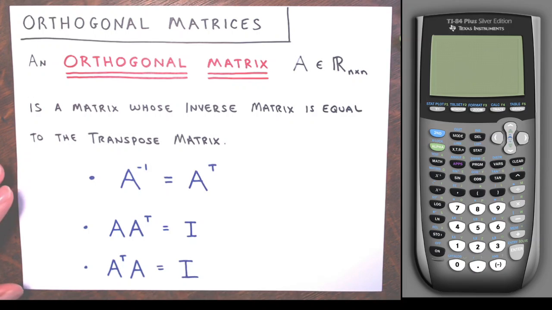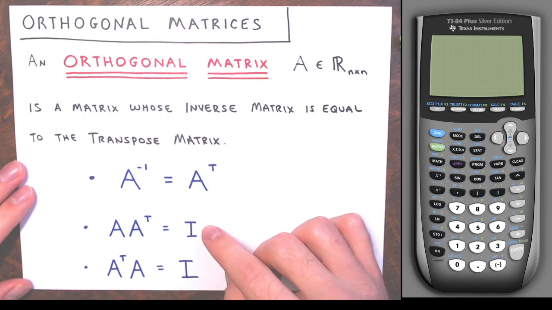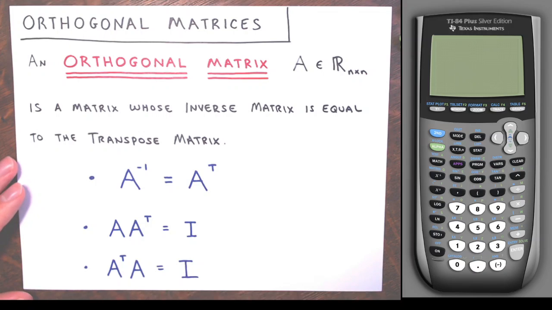That's the way I'm going to verify whether or not a matrix is orthogonal. I'm going to multiply it by its transpose and see if I get the identity matrix. And if I do, great, the matrix is orthogonal. And if I don't, the matrix is not orthogonal.